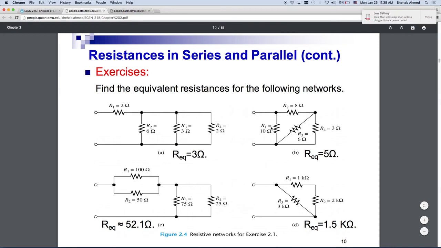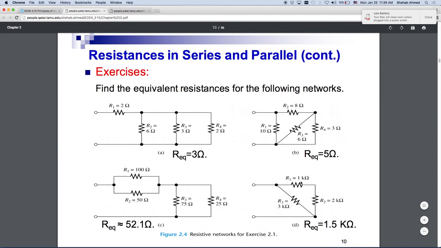And then you place it in parallel with this R1. Okay? Same thing here. These 2 are in parallel, and then these 2 are in parallel. So you find the parallel combination for these, find the parallel combination for these, and then the equivalent is this in series with this. Here it's the same. R1 and R2 are in series. Add them up, and then the sum is parallel to R3.